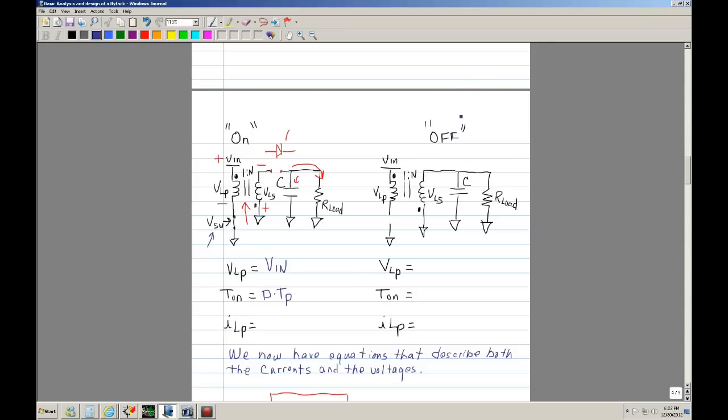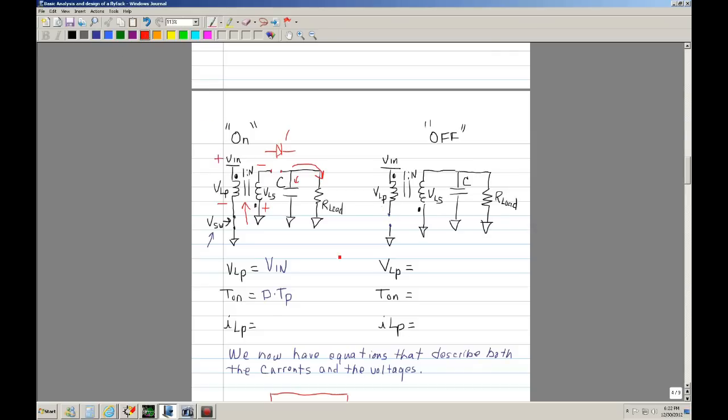Now we look over at the off time. During the off time, the MOSFET is left open. The energy has already been stored, and since it tries to keep the same current flowing, the polarity flips.